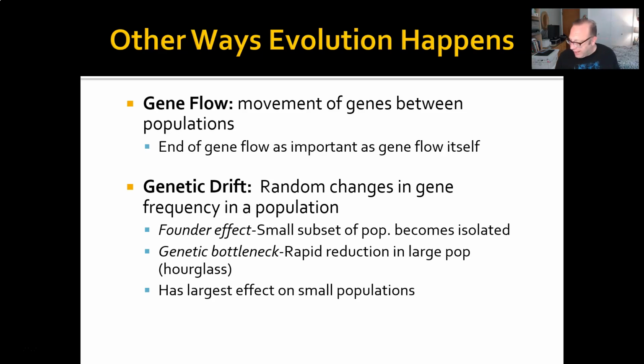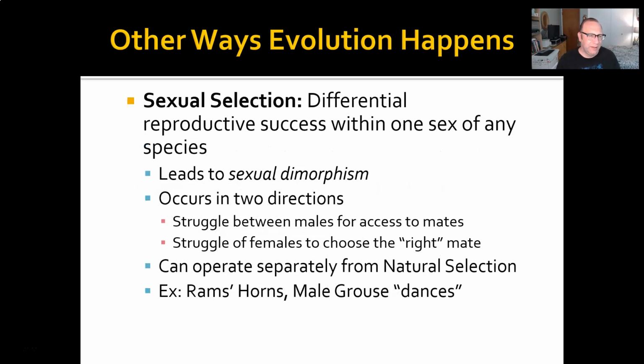Again, all of these have a larger effect in small populations because, well, that's just the way the law of large numbers works. The more individuals you have, the better chance someone representing every variation is going to survive the catastrophe, for instance.